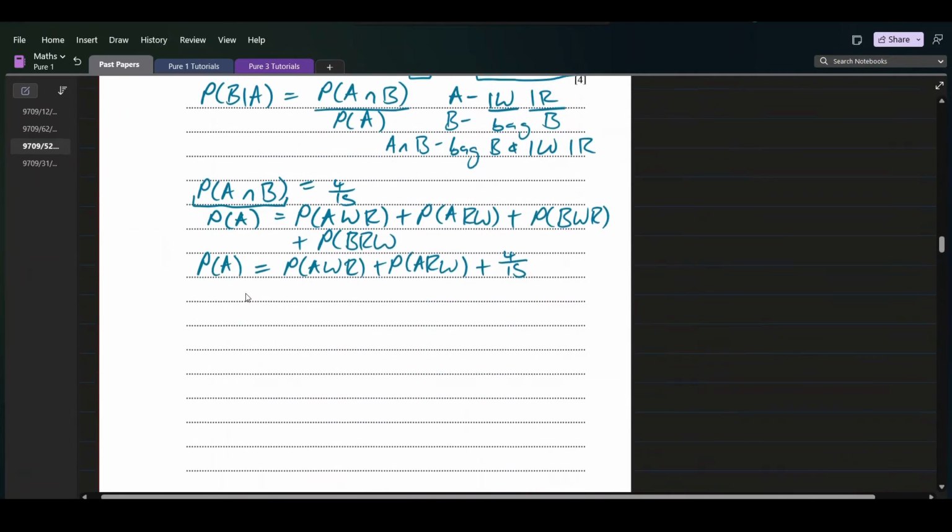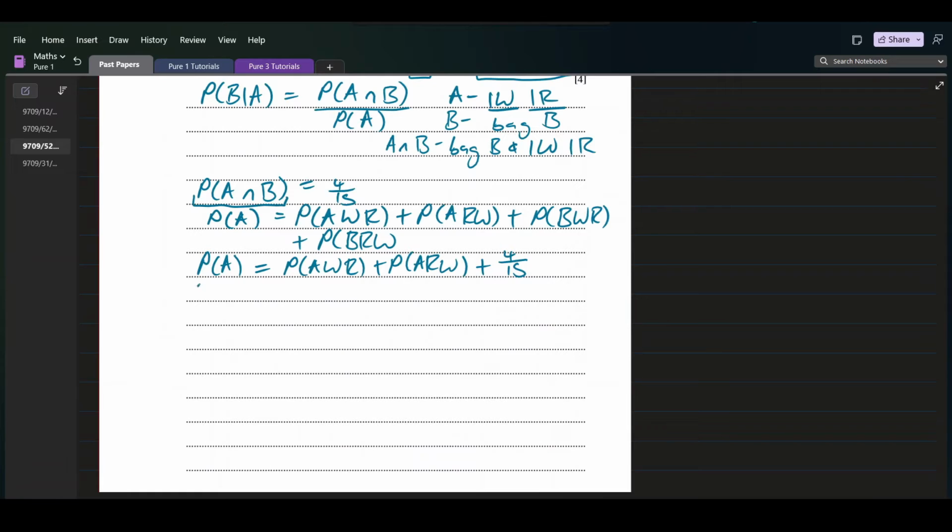Let's go back down here. So this becomes the probability of A is equal to 32/315 plus 4/15. And if we add those two together, we get 116/315.